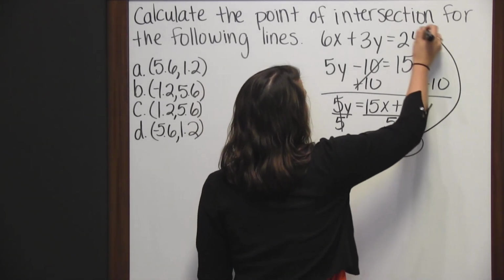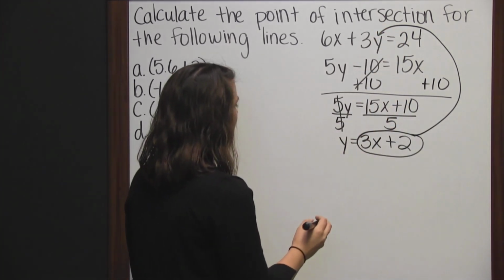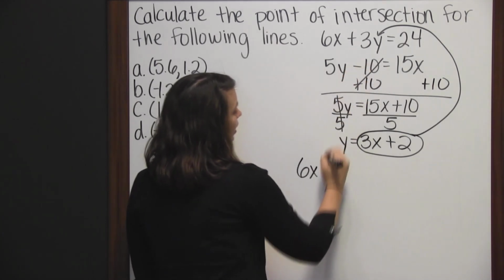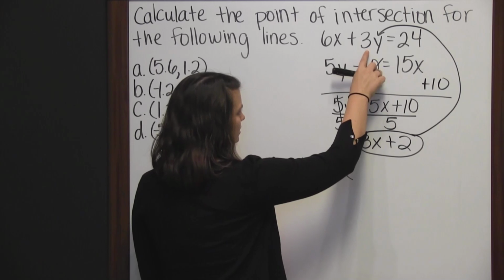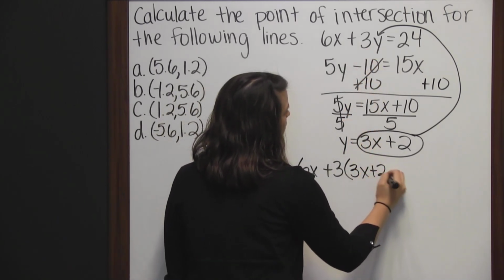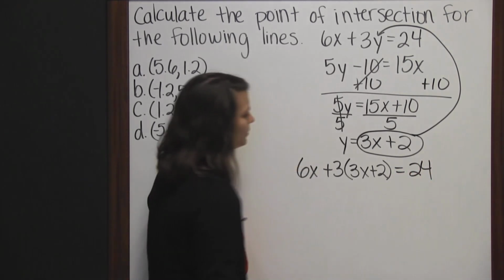So I'm going to substitute that right there, which means that I now have 6x plus 3 times, instead of y, I'm replacing it with the expression 3x plus 2 equals 24.